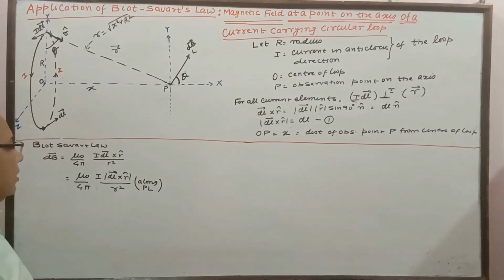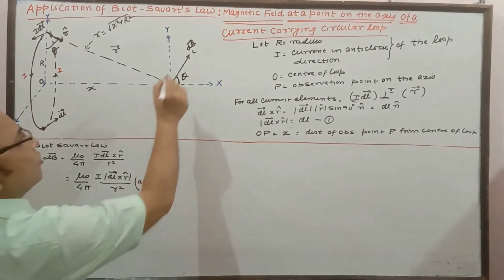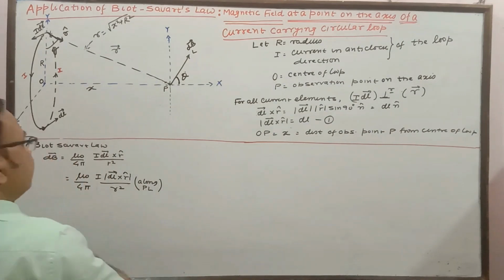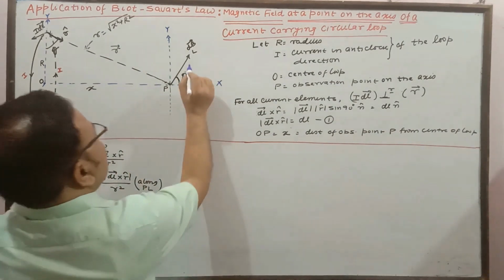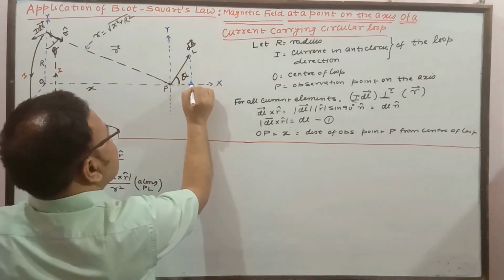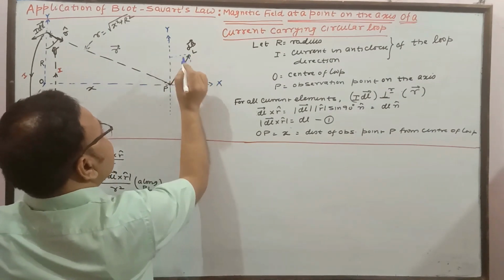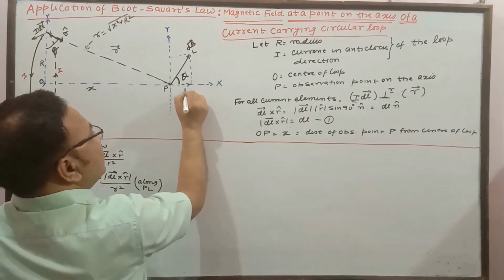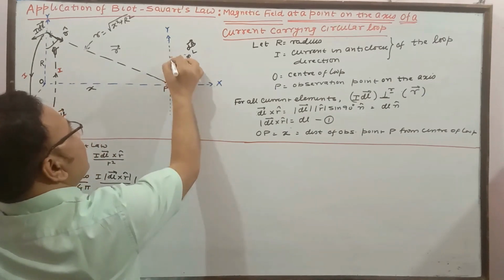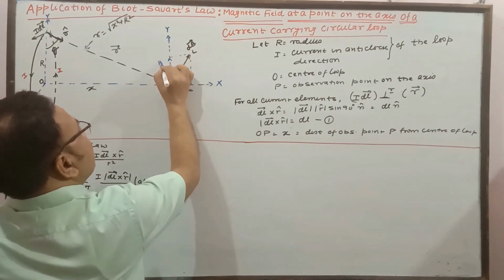Now in this case, if we want to find out the resolution of this vector, that is dB, along two perpendicular axes, say along this is bx, and along the y-axis, this one is by.